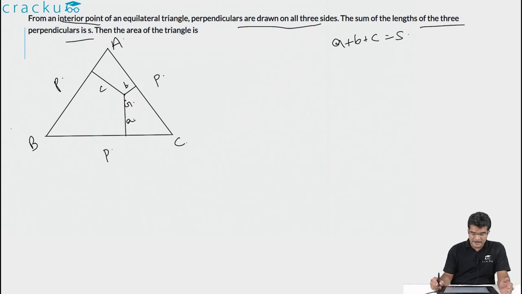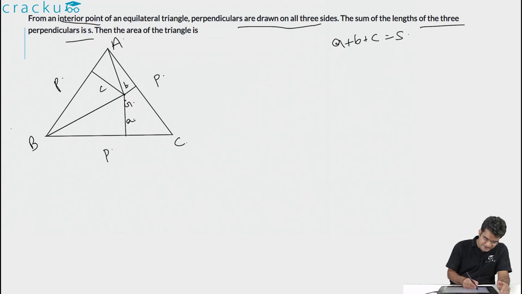Now we have to calculate the area of the triangle. So let us connect the point G to all the three vertices. So let us connect G to B. Let us also connect G to A, and let us also connect G to C. Now what is the area of the triangle?